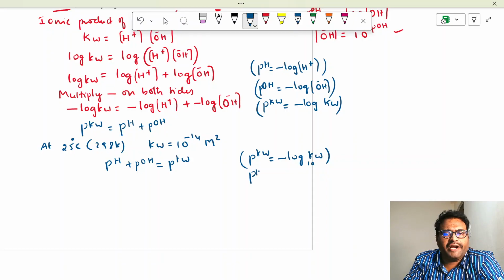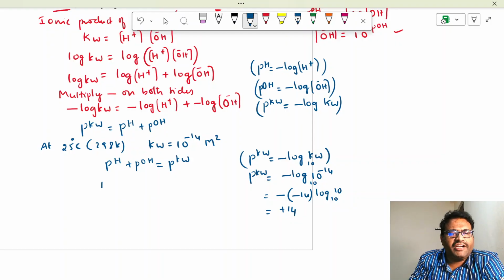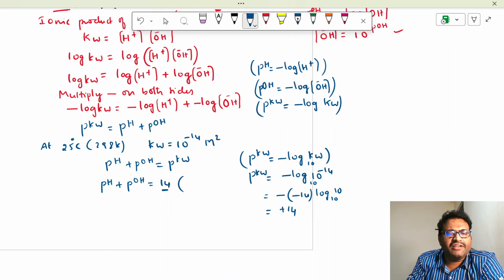Then pKw is equal to minus log 10 power minus 14, that is equal to minus of minus 14 log 10 base 10. Log 10 base 10 is equal to 1. Minus into minus gives you plus 14. So I can write pH plus pOH is equal to 14. This is at 25 degrees centigrade or 298 Kelvin.